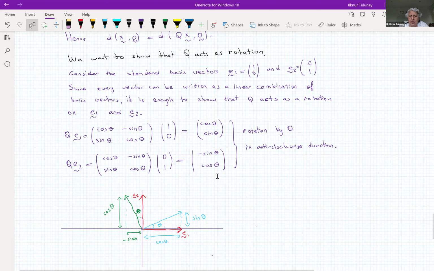So this is what I'm doing here. E1 and E2 are the standard basis elements, and every vector is a linear combination of these basis vectors, so it is enough to look at the Q action as a rotation on E1 and E2. That will simplify our world a lot, and the basis concept is very important for vector spaces, because vector spaces are usually infinite.